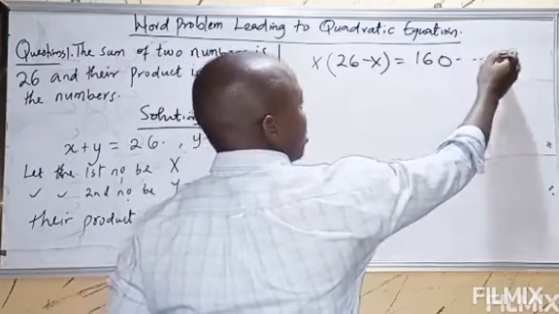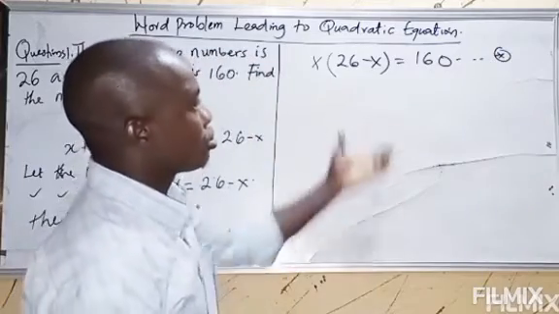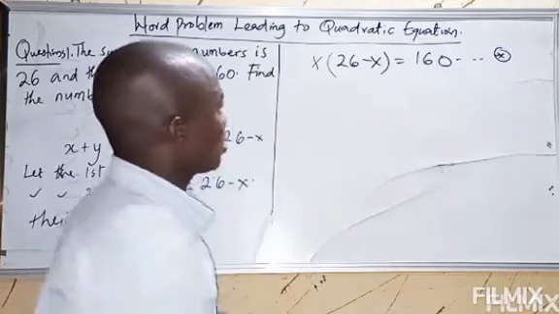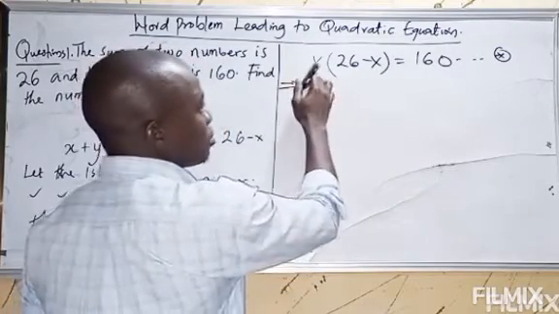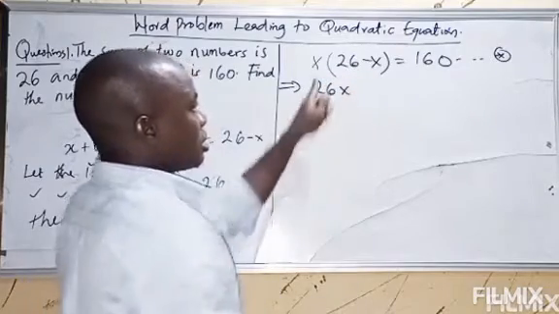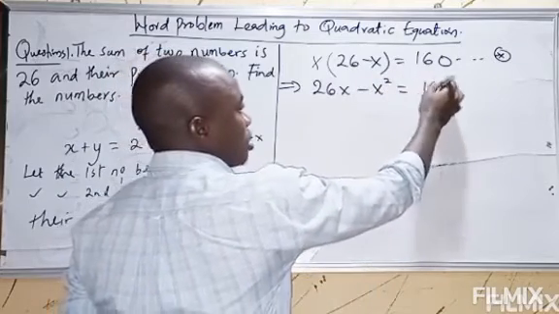Can you see that? So that is our equation. Now we try to clear the bracket, that is, open the bracket. So what are we going to have? This one multiplied by this, we have 26x. This times this, we have minus x squared equals 160.